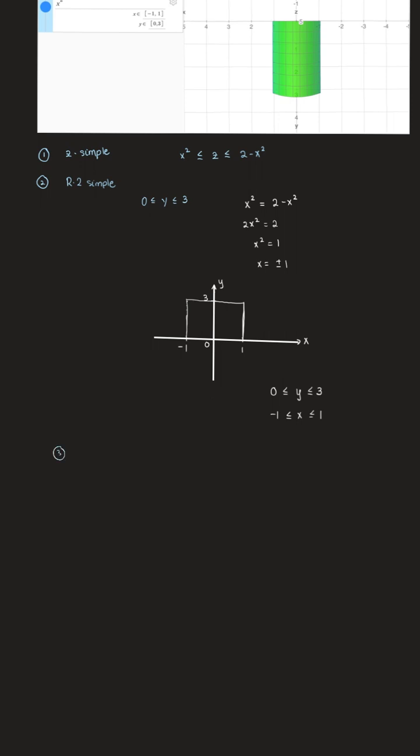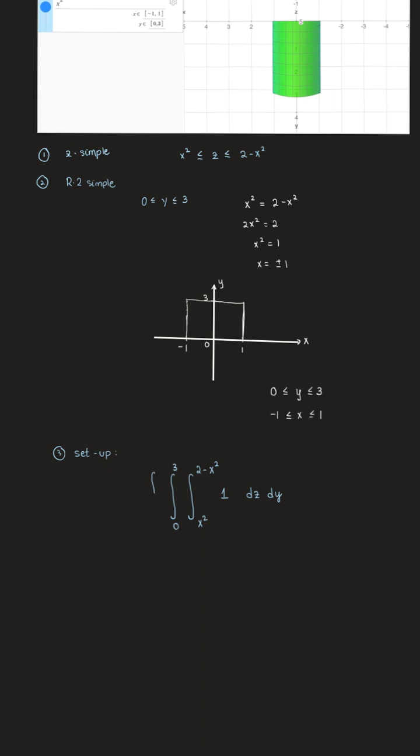So our setup is going to be as follows. Our inside integral, recall that we set that up: z simple is going to go from x squared to 2 minus x squared. And because we're just finding volume, our integrand is 1, and this is dz. Then our region on the xy plane, if we choose y simple, doesn't matter here, we're going to go from 0 to 3, and so we're going to have dy as our next differential.